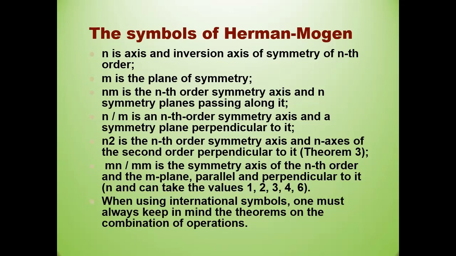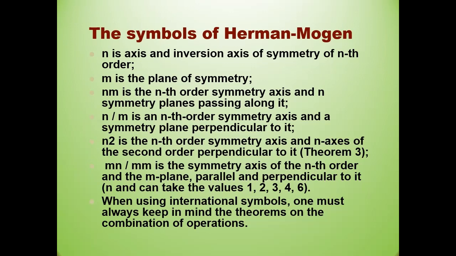The Hermann-Mauguin symbols are widespread. Look here, please, and you can see the symbols according to the Hermann-Mauguin system. N is an axis or inversion axis of symmetry of nth order. M is the plane of symmetry.